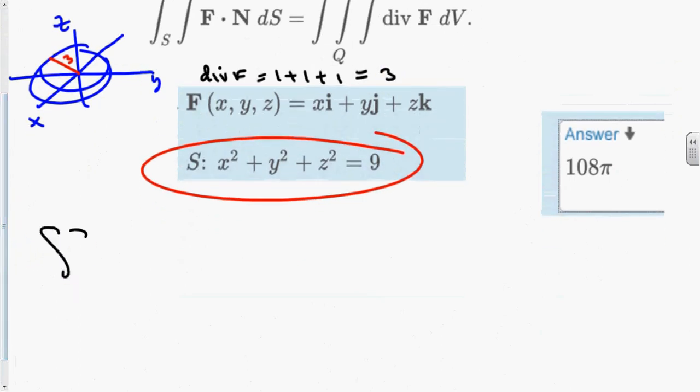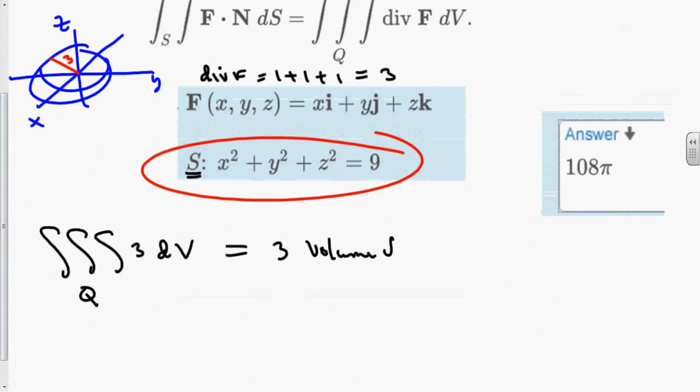So here, this triple integral over the solid is that divergence, which we got, 3, times the change in the volume. Well, the volume here is fixed based on this surface region. So this becomes 3 times the volume of the sphere.